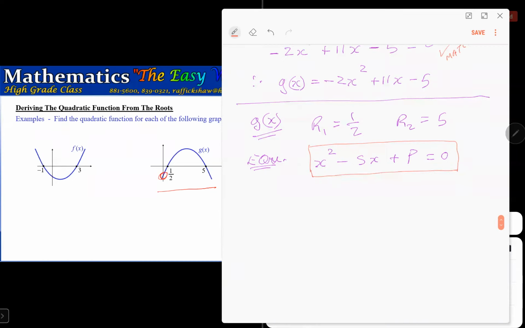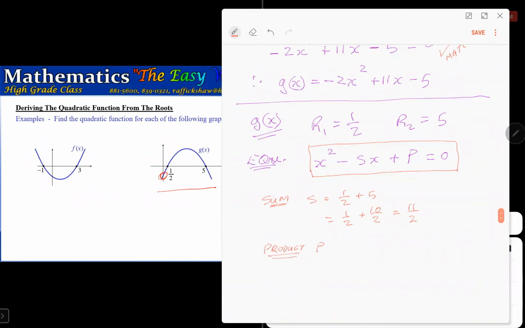All right? So for this one, I need to find the s and the p. Let's write them out separately. The sum of the roots, which is s, would be equal to a half plus 5. Half plus 5 is simply half plus 10 over 2, because the 5 is the same as 10 over 2, which then becomes 11 over 2. And then the product of the two roots, which is p.